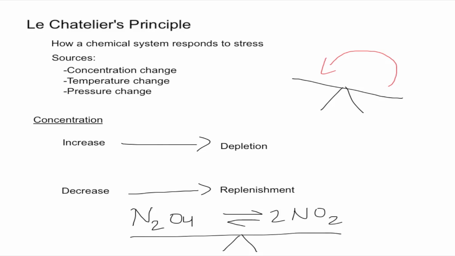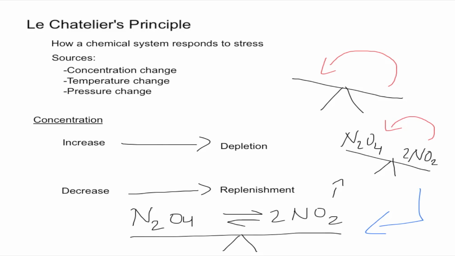But when we add the NO2, it's making the product side heavier. So there's a higher concentration of NO2 in the system than of N2O4, and so the system is going to shift, depleting the excess of NO2 and reaching equilibrium again.